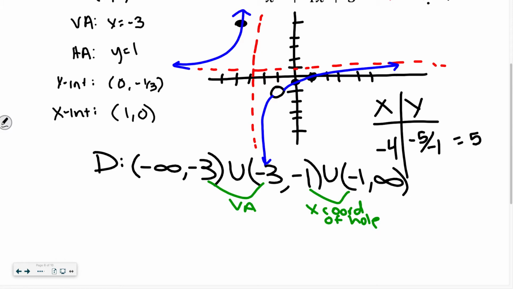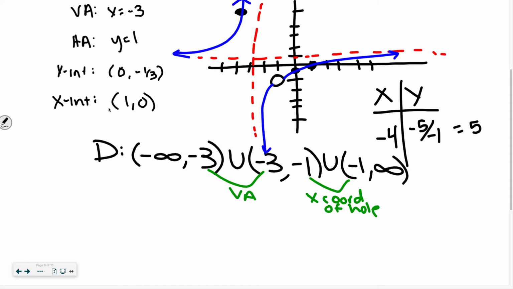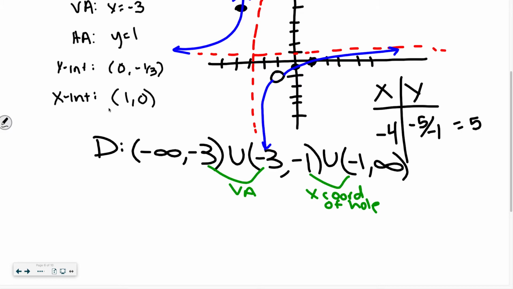What are you going to exclude for your range? 1, your horizontal asymptote, and in this case also -1, because at that line y = -1 there's a hole, and because our branch was above the asymptote, not next to it, there is no graph at y equals -1. If we had the branch down below, we wouldn't have to exclude the y-coordinate of the hole.